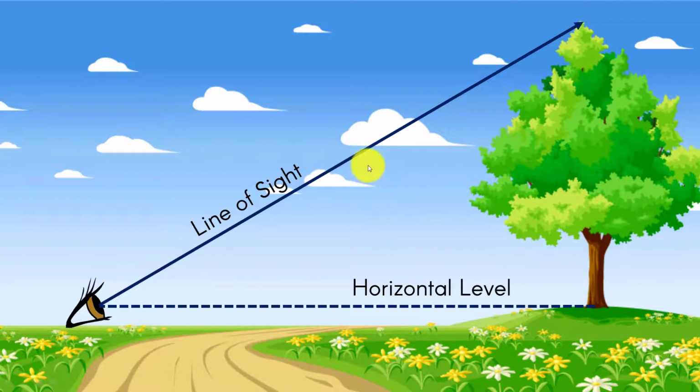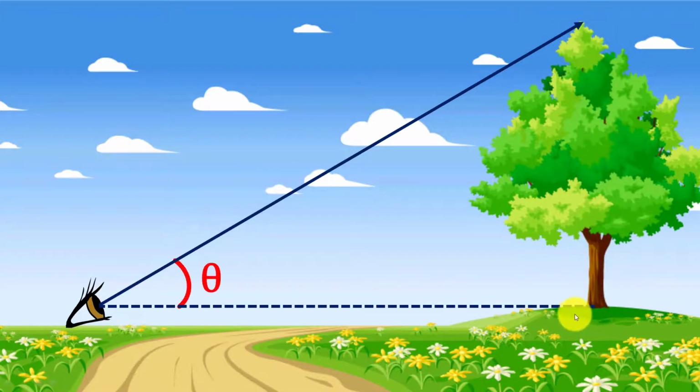This is the height of the tree. Now if we think about this angle theta, then we call this the angle of elevation, seen from the horizontal line.